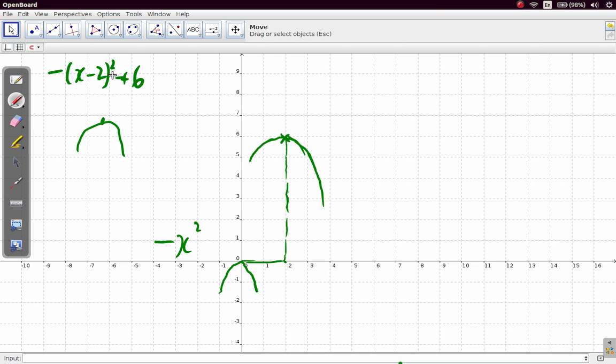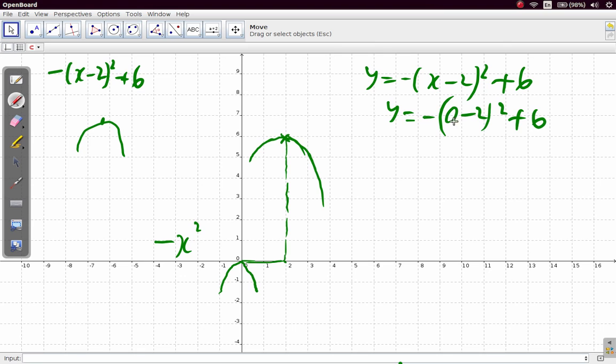Now where would it cut the y-axis? If we have y equals negative x minus 2 squared plus 6, when the graph cuts the y-axis, x is 0. So what we have is y equals negative 0 minus 2 squared plus 6. But what we have is negative 0 minus 2 squared.